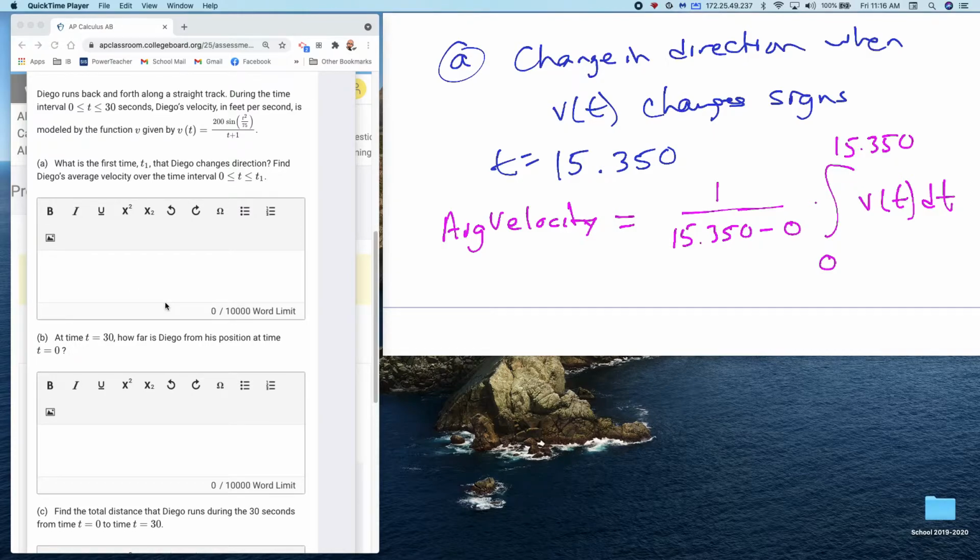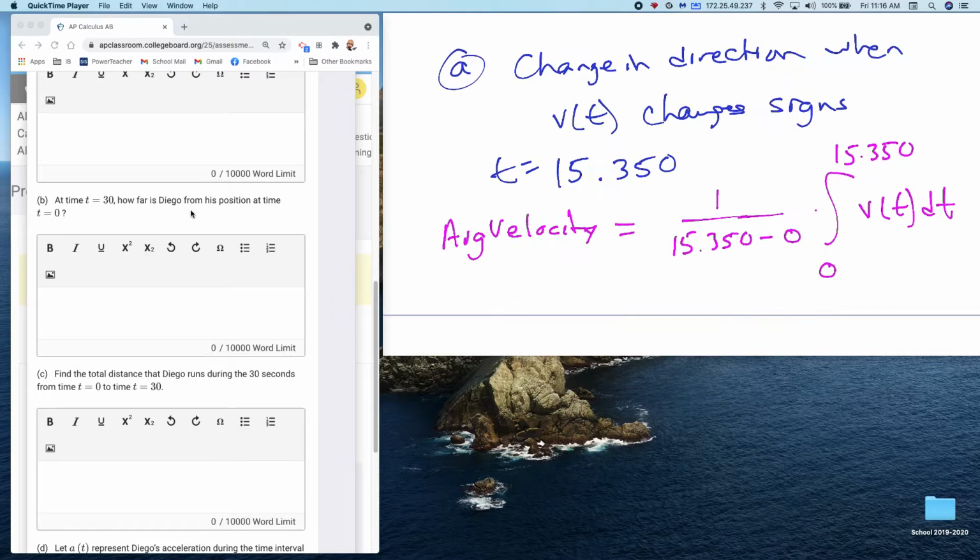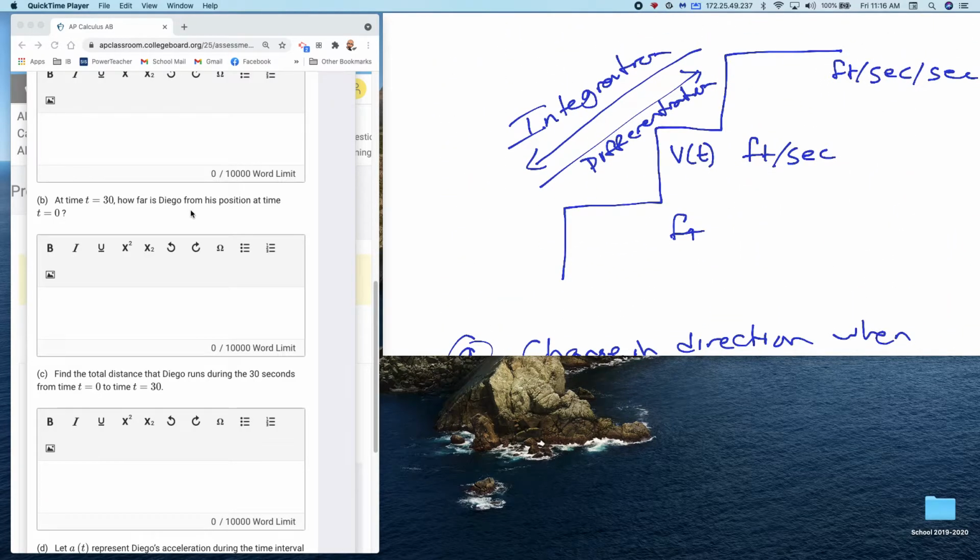The next part, how far is Diego from his position at time t equals 0? So how far is indicating a position. So when we get to here, we know this is velocity and this is position.